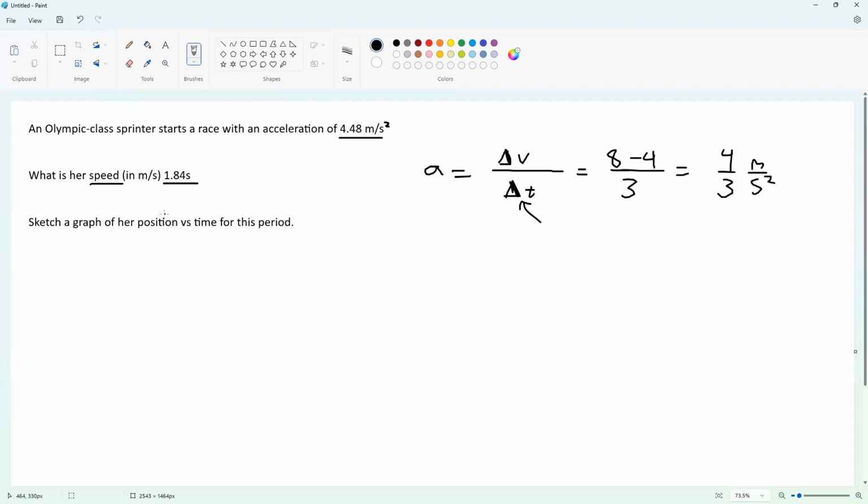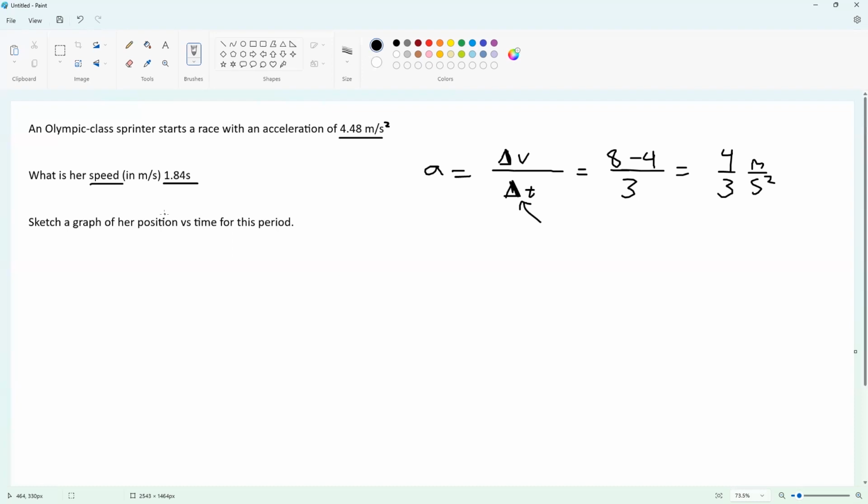Okay, Matthew, can you infer what we're going to do with these two numbers that they gave us to find speed? It's asking what is her speed 1.84 seconds later, which means she started at a certain speed, and it's asking at a specific speed at that time.